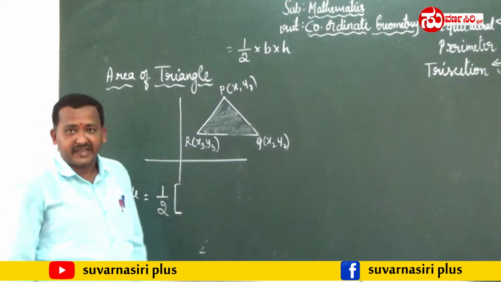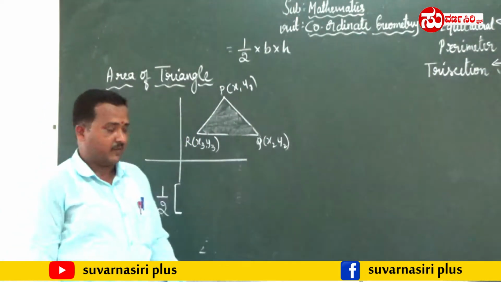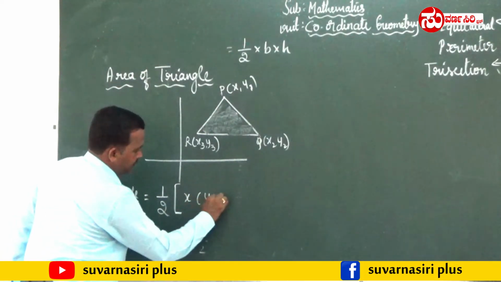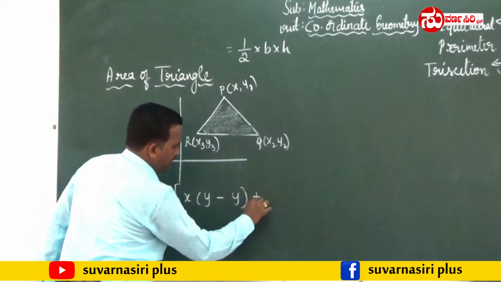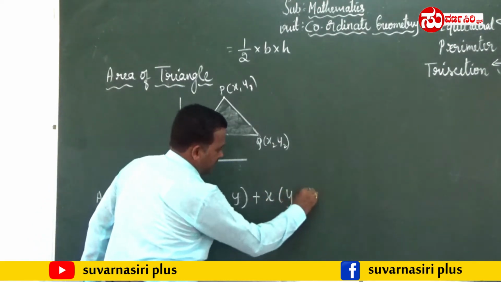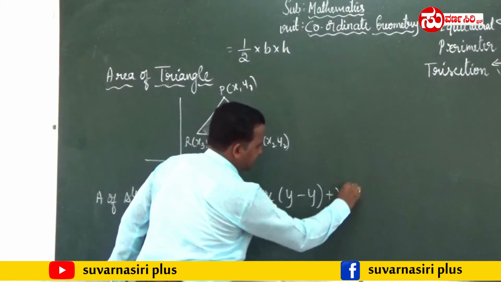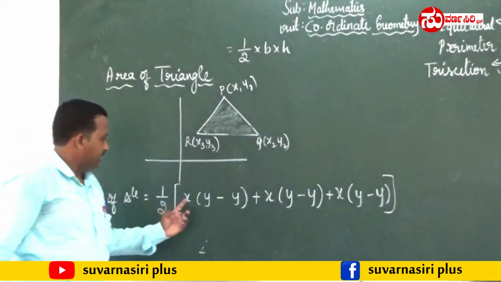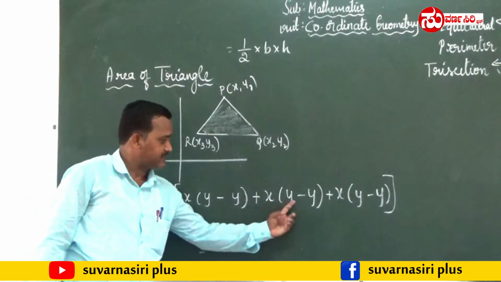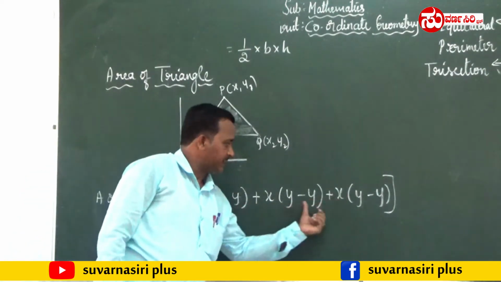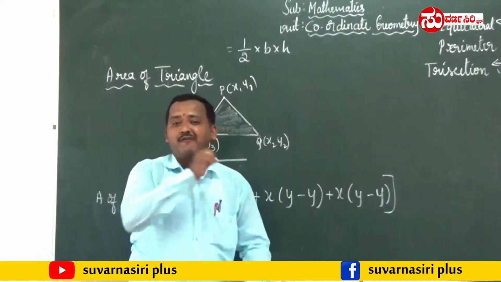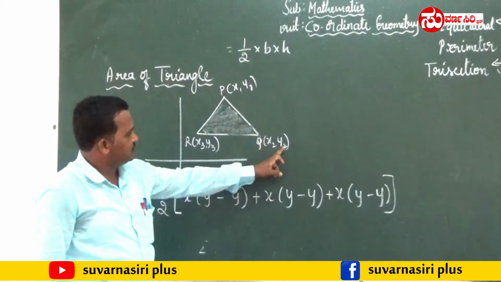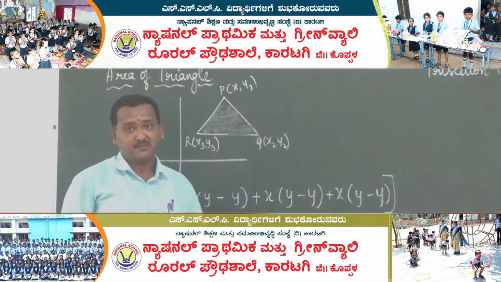Area of triangle is equal to. Here also we can have some technique to remember the formula. First write like this: x into (y minus y) plus x into (y minus y) plus x into (y minus y). Now we will allot the numbers, because we should understand x1 y1, x2 y2, x3 y3, there are 6 points.